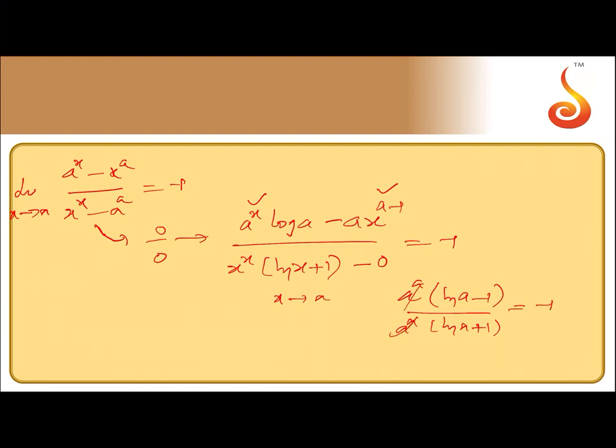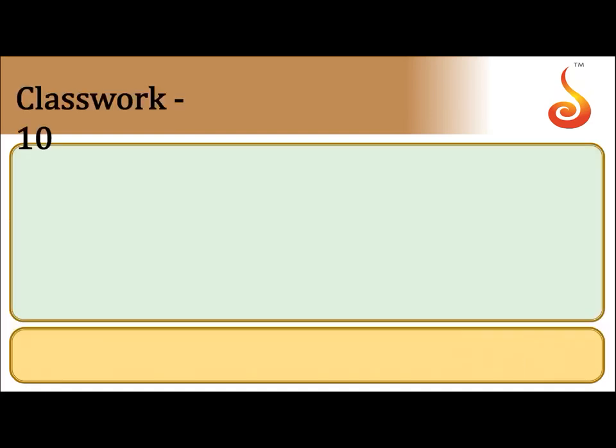Clearly, a must be equal to e, because log e is equal to 1, and thereby you get 1 minus 1. I think log a = 1 would satisfy the result: 0 minus 1 by 0 plus 1. The result is equal to −1. So therefore the answer is a = e.